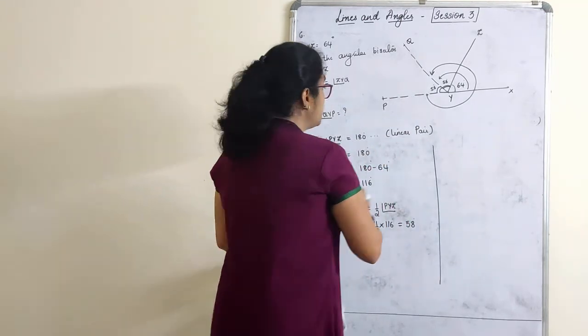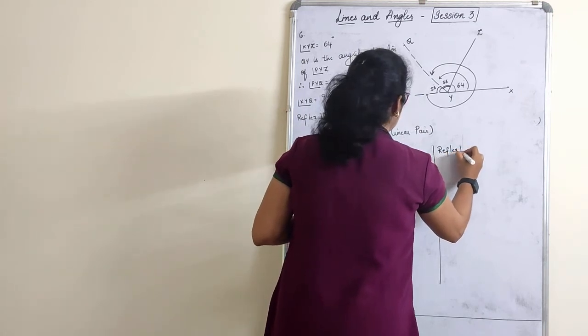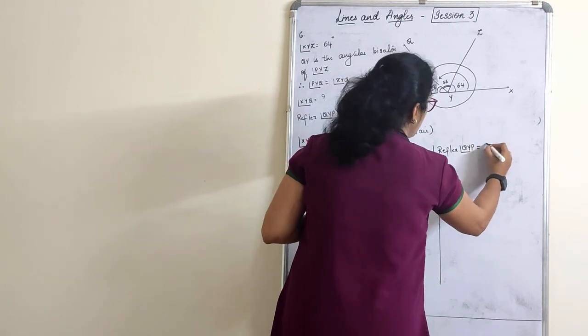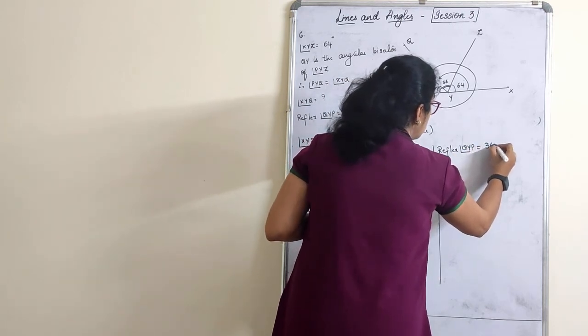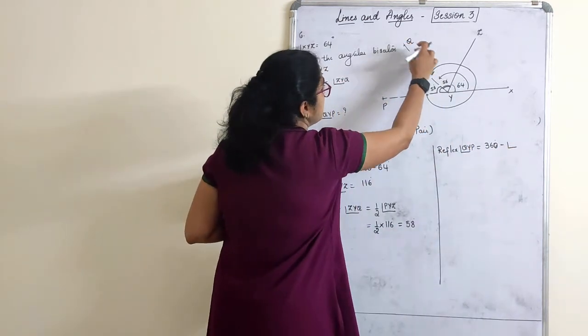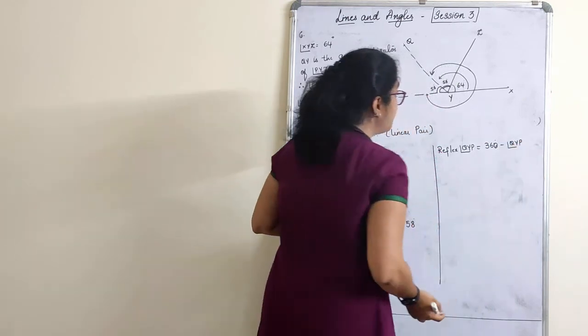The last part: reflex angle QYP is equal to 360 degrees minus angle QYP. Reflex is different from QYP.